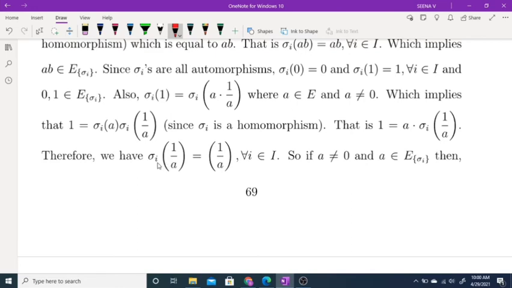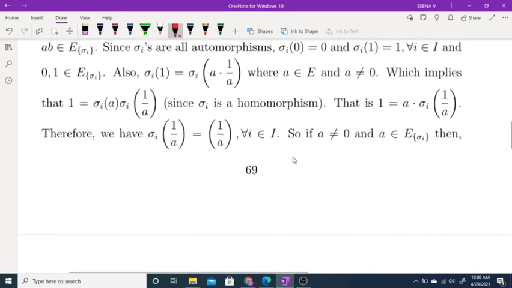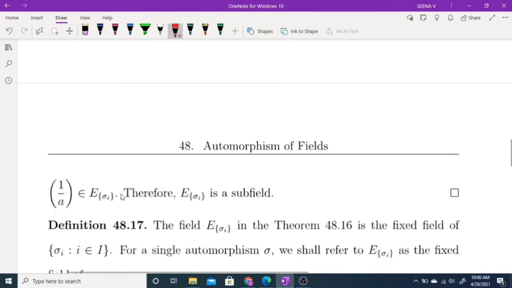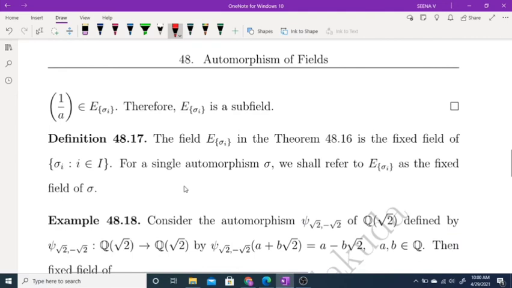Therefore σ_i(1/a) = 1/a. This implies 1/a also belongs to E_{σ_i} if a is not equal to 0. This implies E_{σ_i} is a subfield.